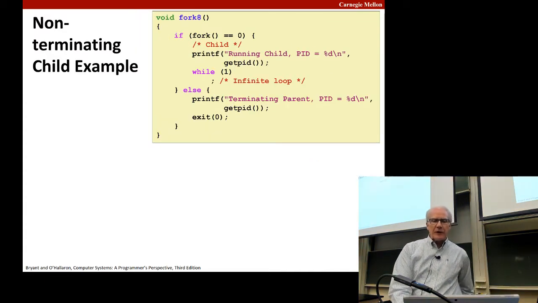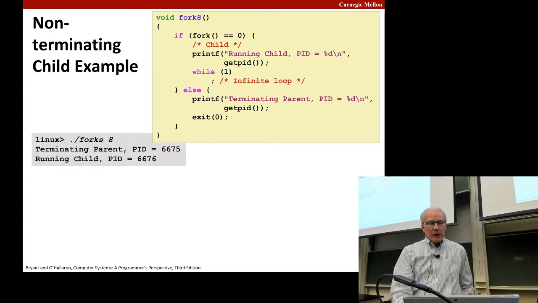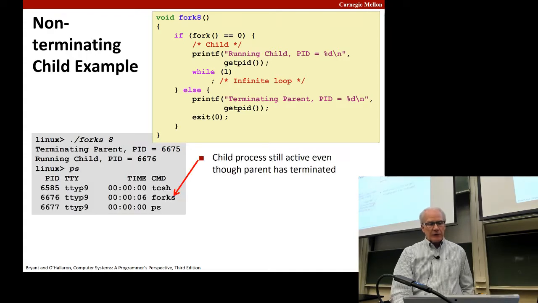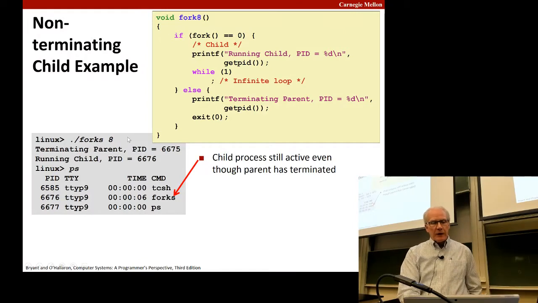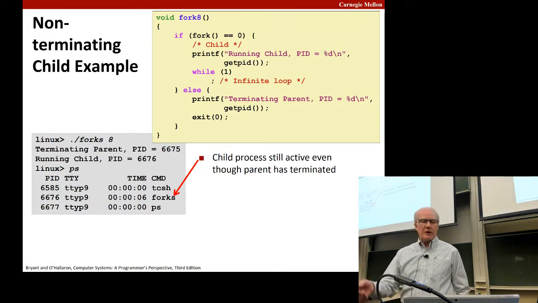Just to show you an example of a similar idea, here's one where the child has an infinite loop and the parent exits immediately. So it's the flip of the two from before. And you'll see that I don't have to put the ampersand on this one because the parent exits immediately, back to the shell.